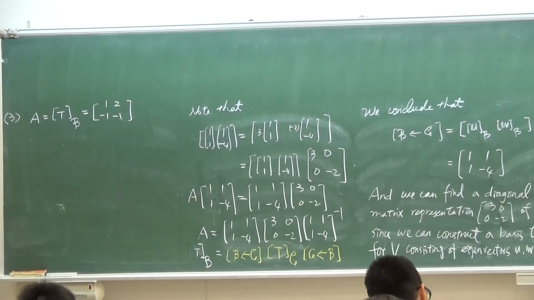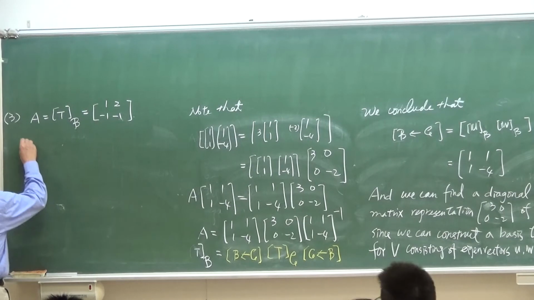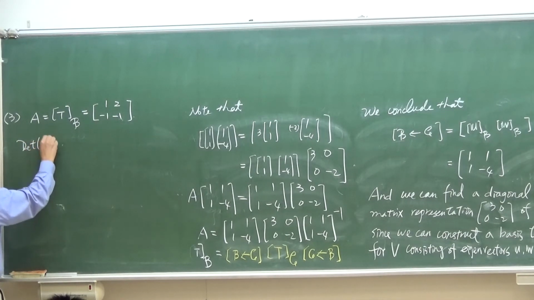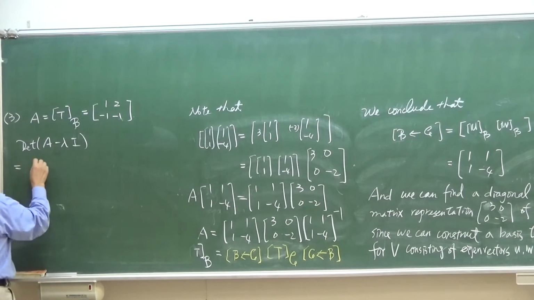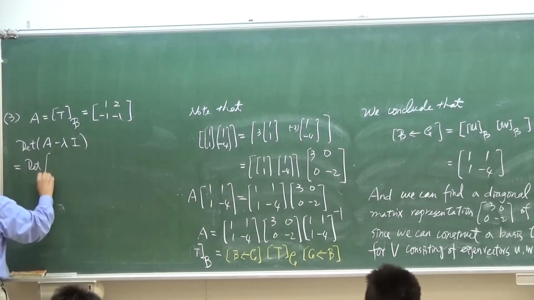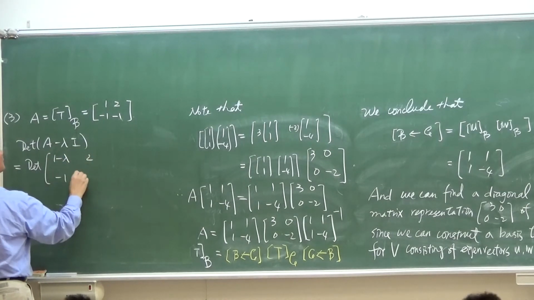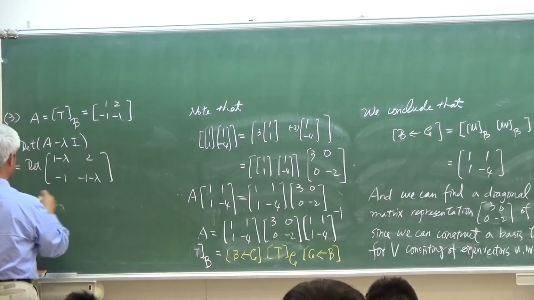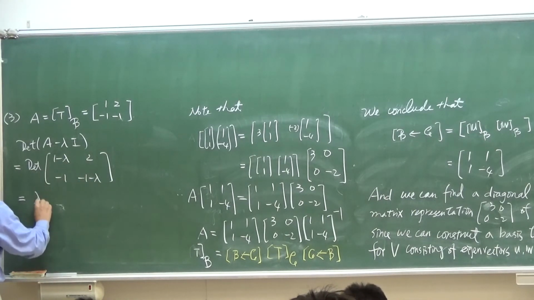So the matrix representation relative to a basis is like this one. And so the determinant, okay. Right. And so that is my polynomial.